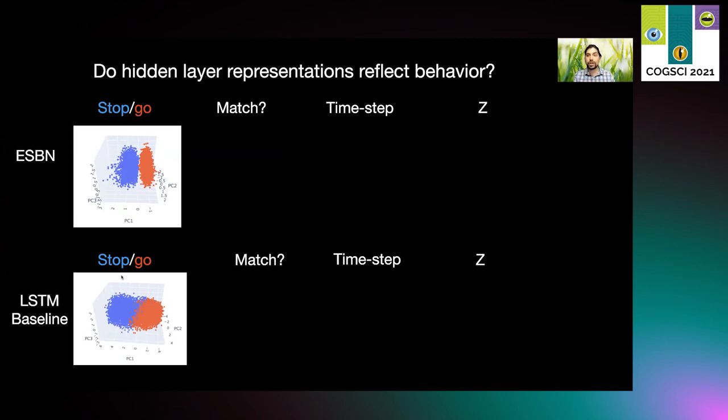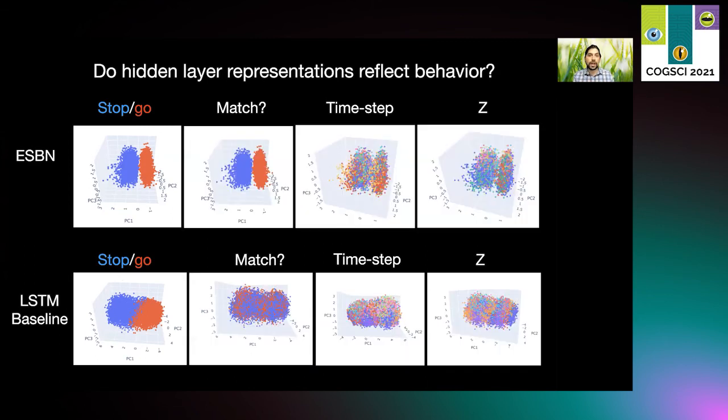But the question is, what caused the networks to stop? And so you can color these points in various ways. So for example, by whether or not the current count embedding matched the instruction, or based on what the actual time step of the action is, or based on what the identity of the count embedding was at that time.